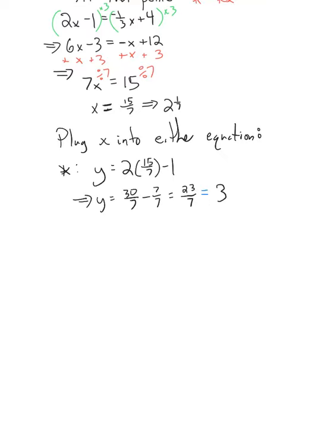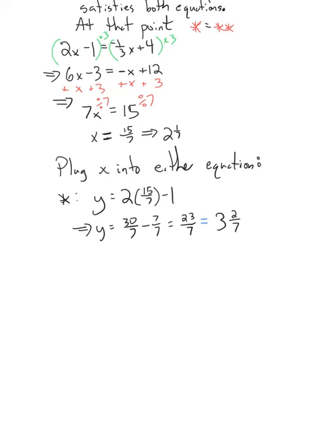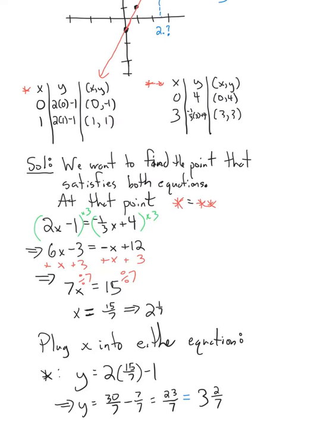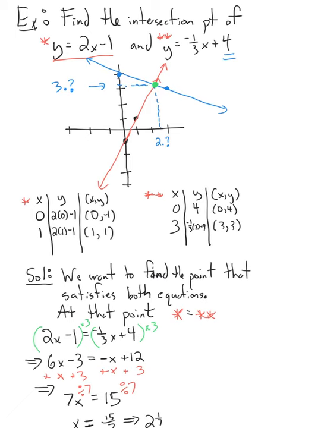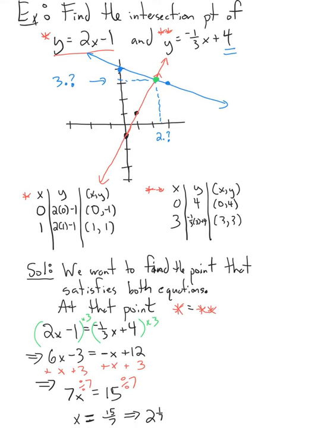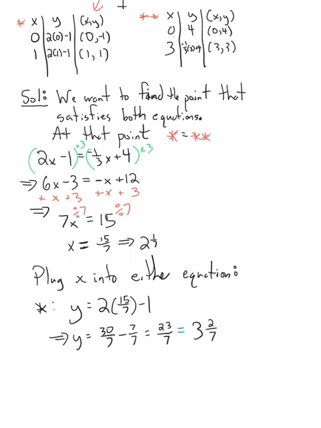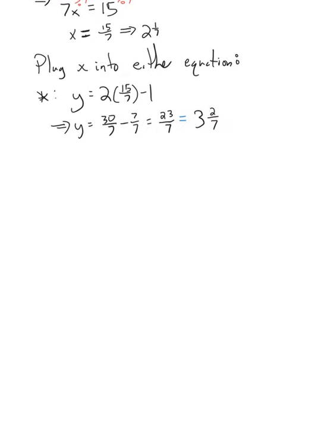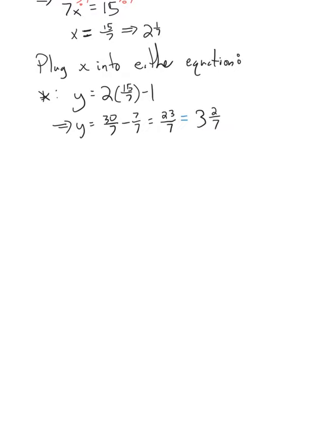And if you convert this to a mixed number, just to see where it is on the number line, this is 3 and 2/7, which jives with our guess of 3 and a bit. So this is excellent. Our answers seem to make sense with the diagram that we drew.